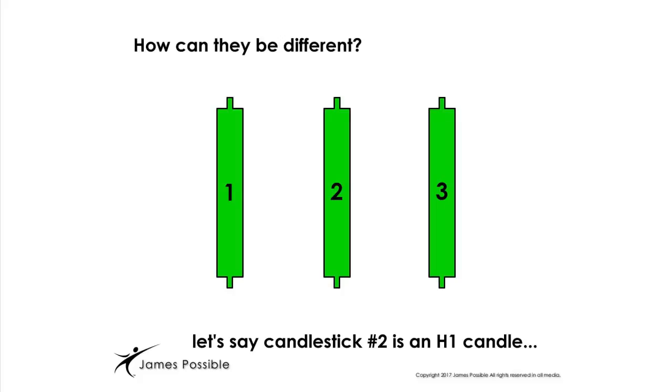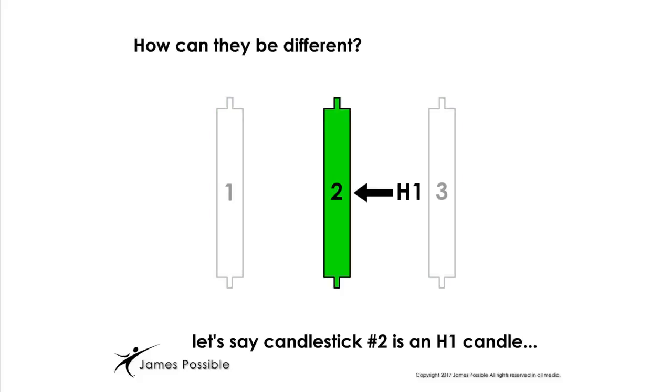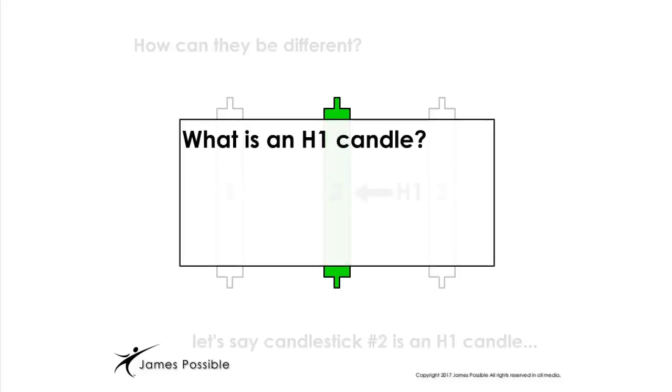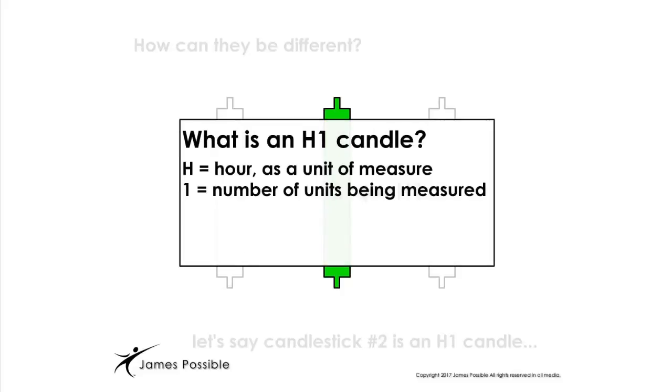So let's say the middle candle, candle number 2, is an H1 candle. What does that mean, H1 candle? Well, the H refers to the unit of measure. In this case, the H is an hour. So it's a 1-hour candle. And the 1 represents the number of units being measured.